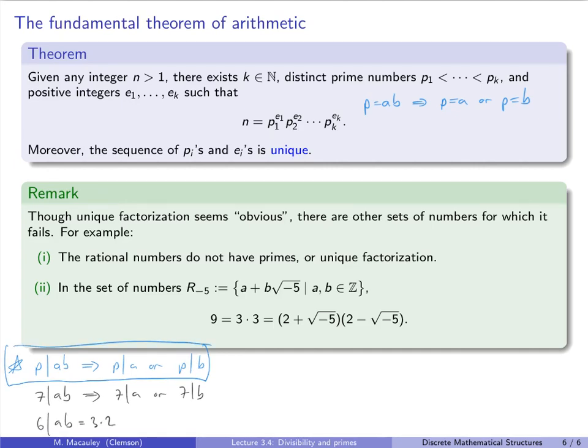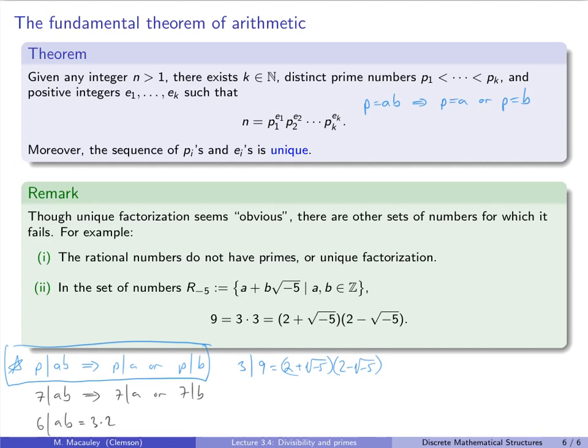So now what? Well, 3 divides 9, right? Which is equal to 2 plus root -5 times 2 minus root -5.